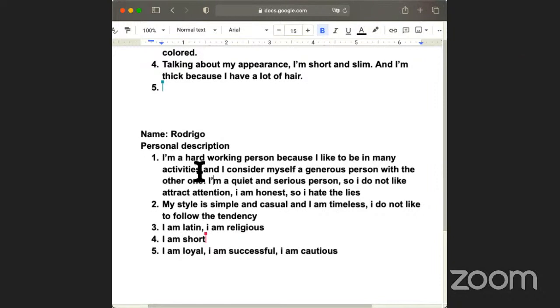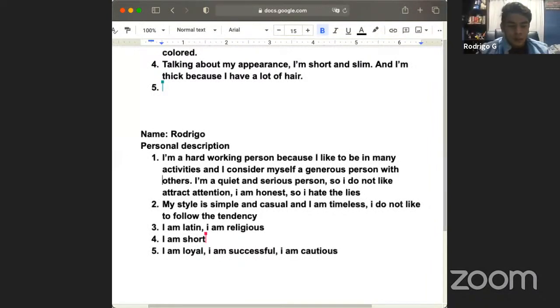I'm a quiet and serious person, so I don't like to attract attention. I am honest, so I hate the lies of the people. My style is simple and casual, and I am timeless. I don't like to follow the tendency.